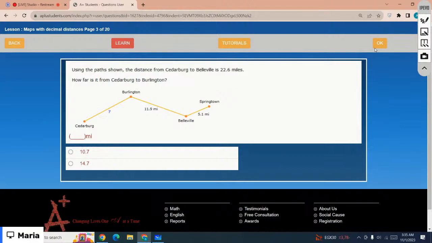Okay, you just have to subtract the Burlington to Belleville distance, right? No, that is not the total distance. That is 22.6 minus 11.9. So the correct option is 10.7. That means the distance from Cederberg to Burlington is 10.7. Option 1 is the correct option. Got it?